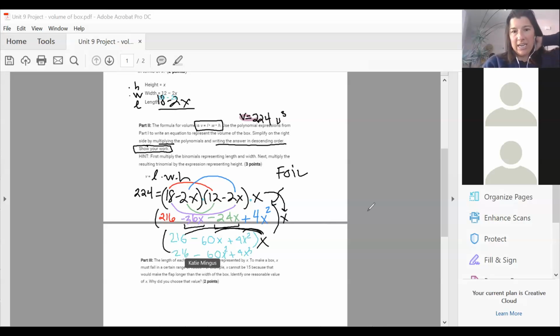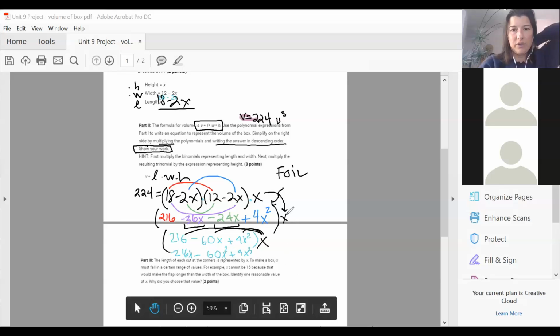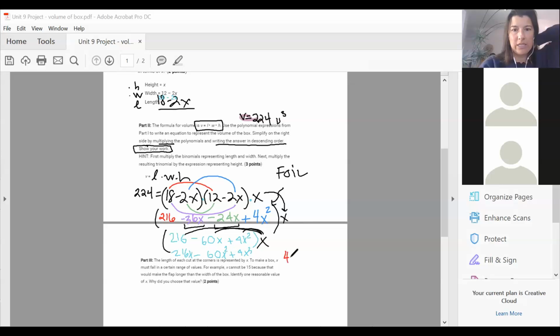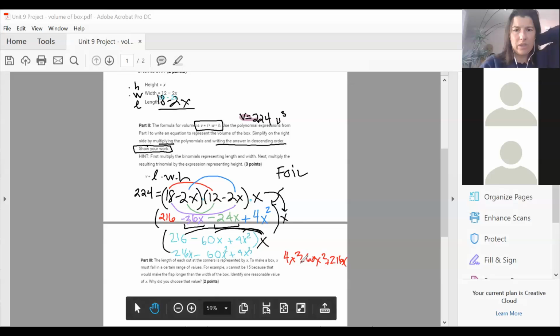And good catch, Katie, making sure that your final answer is in descending order. So final answer, I'll do it in red, 4x cubed minus 60x squared plus 216x. Every piece of that is super important. The negative in front of the 60x squared and your exponents.